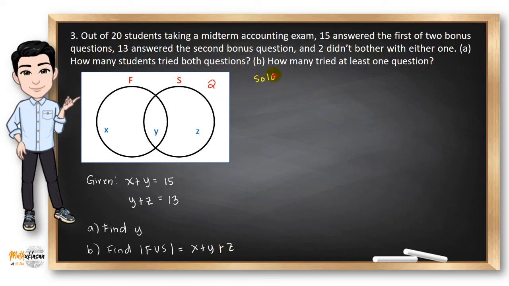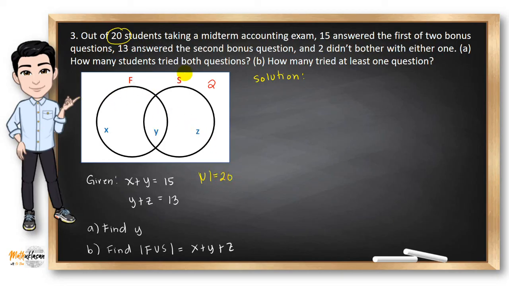For this problem, it would be easier to first find x plus y plus z, or the cardinality of the union of the two sets, because as we all know, 20 students took the exam, so the cardinality of set U is 20.